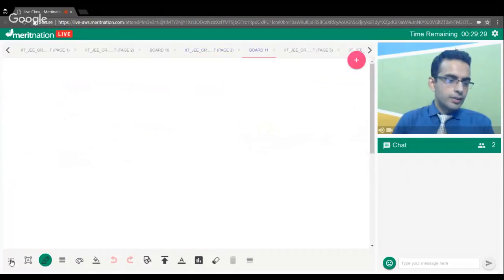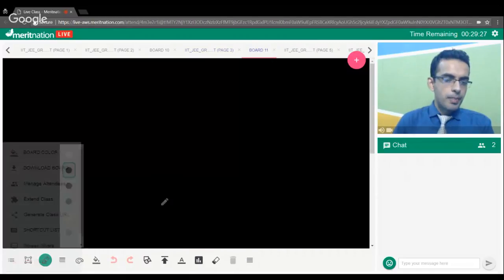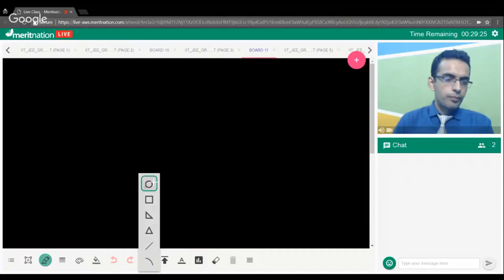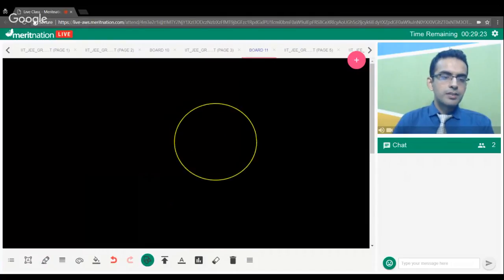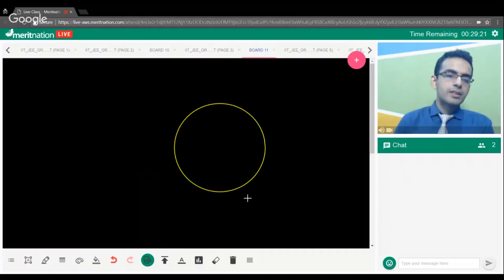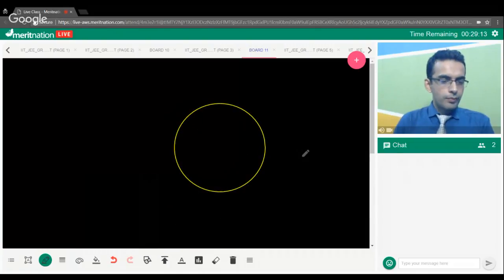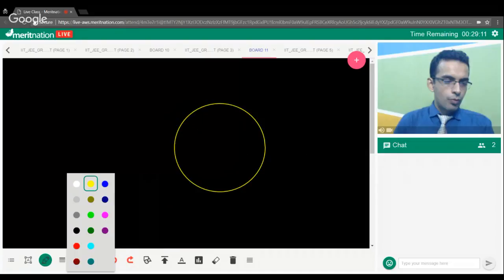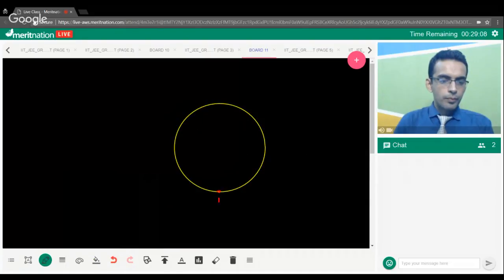Okay. So let's draw the diagram first. So this is a circle on which the particles are moving, and let's say this is particle number 1, this is particle number 2, this is particle number 3, and this is particle number 4.